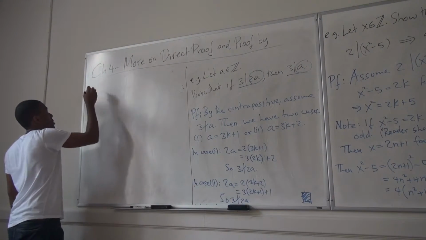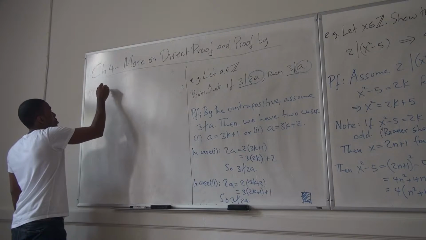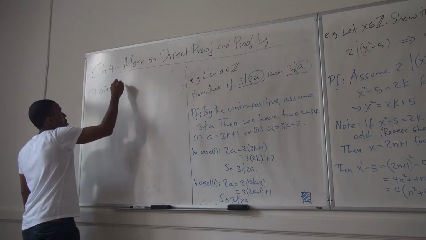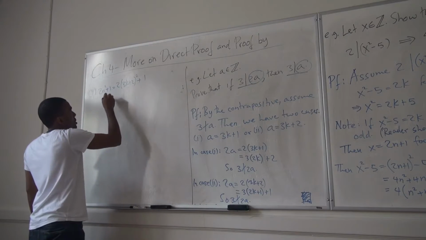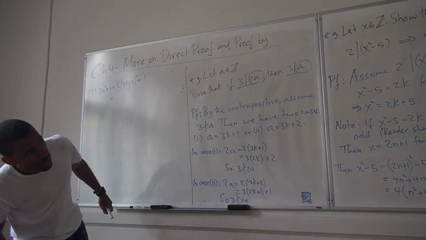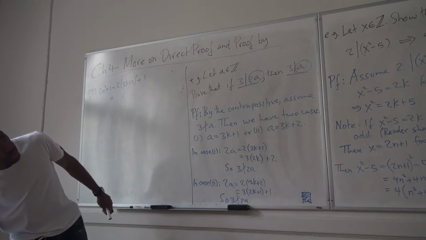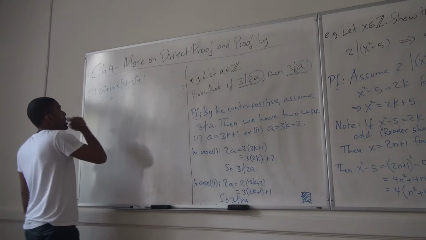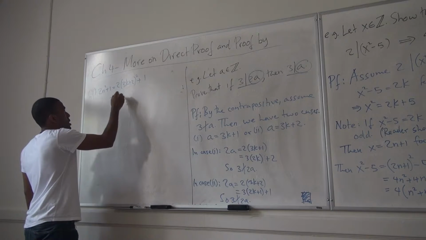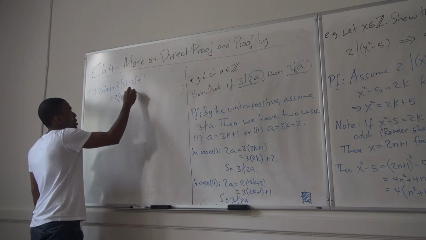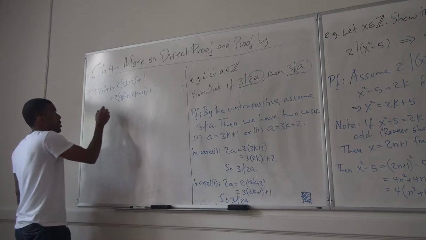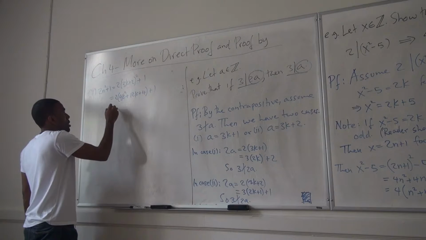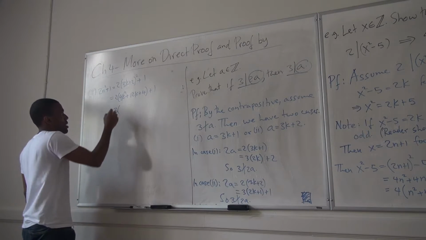Case 2. In this case, we have 2n squared plus 1 would be equal to 2 times (3k plus 2) squared plus 1. Okay, so this would be 2 times (9k squared plus 12k plus 4) plus 1. So I can factor out a 3.